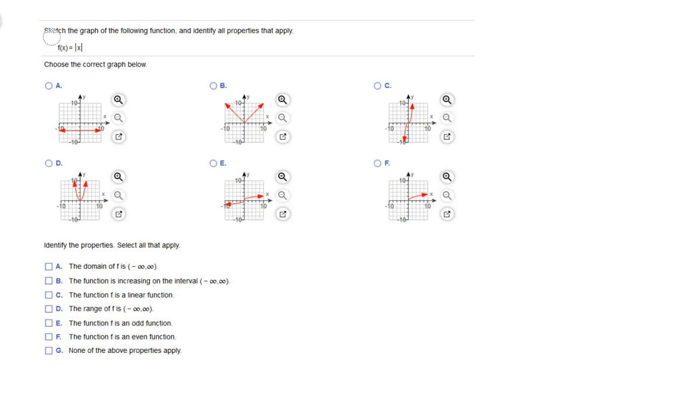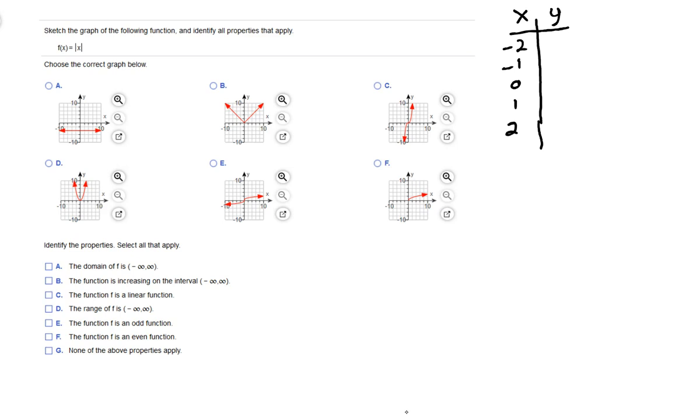This example says sketch the graph of the following function and identify all the properties that apply. This function is f of x equals absolute value x. So I'm going to use a table. I'm going to choose my standard set of points, -2, -1, 0, 1, and 2.